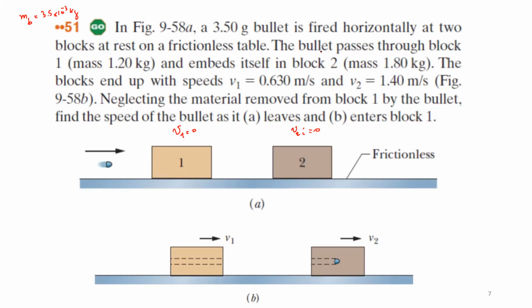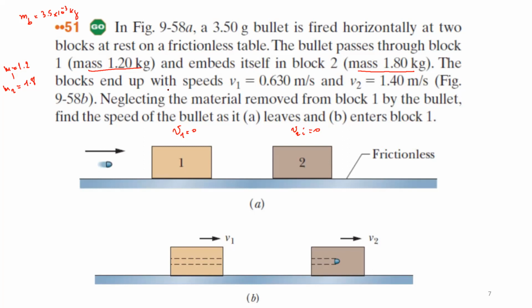Now, the bullet passes through block 1, and I give you the mass of block 1. M1 is 1.2 kilogram. And I give you also the mass of block 2, M2 is 1.8 kilogram. This is M2 and this is M1. So the bullet passes through block 1 and embeds itself in block 2.